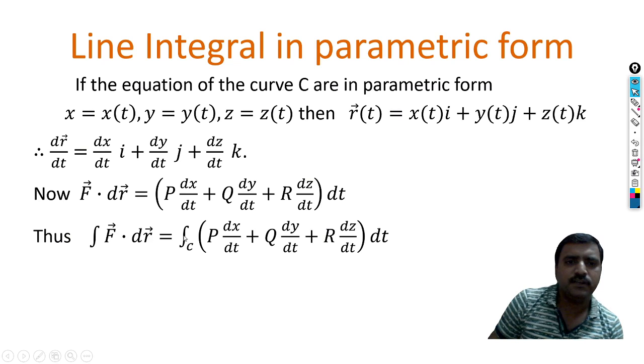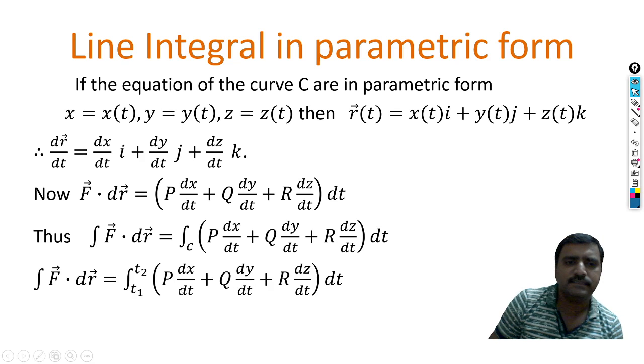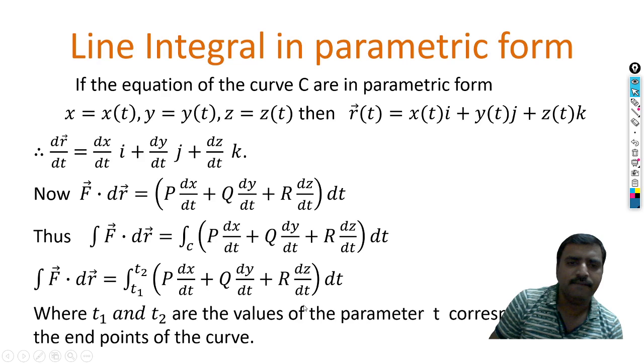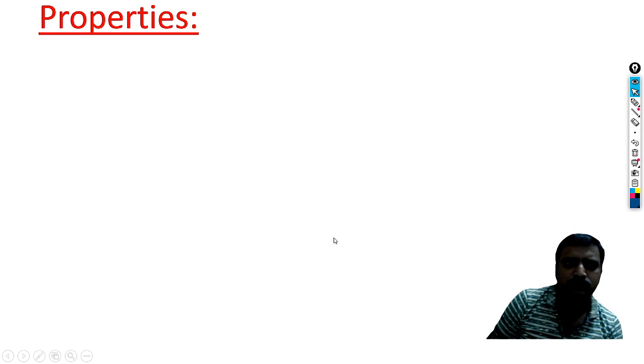So the integration of F dot dr over C is the integral from t1 to t2 of P dx by dt plus Q dy by dt plus R dz by dt, into dt. Here t1 and t2 are the endpoints of the curve. This is the method of evaluating a line integral when the given curve is in parametric form.